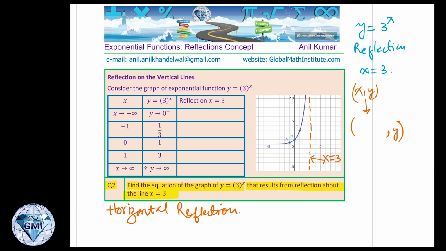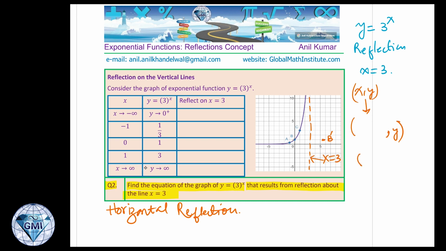Okay, so y values remain the same. But the second thing is, it will be the same distance away. So if I look at the point which is the y-intercept, which is b for us, b is how much away from x equals 3? 3 units, right? So it will go 3 further away. So that will be at 6, correct? So point b, let me write b prime, will now be at 6. So at least we have one point.